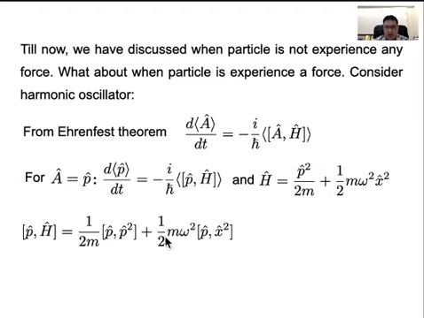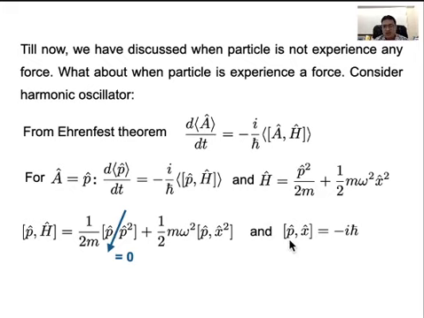And now half m omega square times the commutator of p with x square. You remember that I have given you an exercise, to evaluate the commutator of x to the power n with p. Now instead of this one I have reversed the order, so I will get a minus sign, and if you do everything correctly, this is the value.